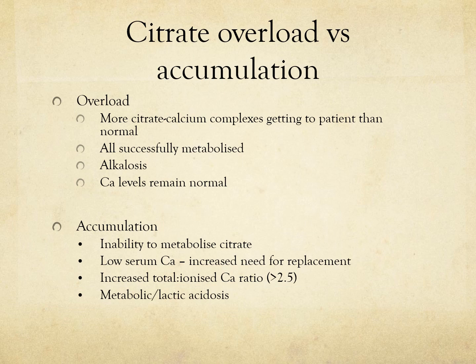So there's two main problems here that we see with these citrate calcium complexes. One is where we have citrate overload, and here the citrate calcium complex are getting to the patients more than they should be, but all of them are being metabolized, and what this means is you're generating an awful lot of bicarbonate, whereas actually your calcium levels will remain normal because there's no free citrate.